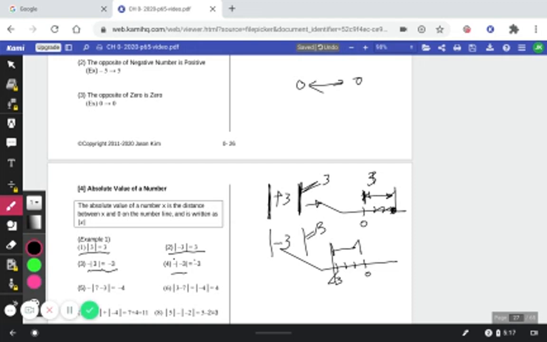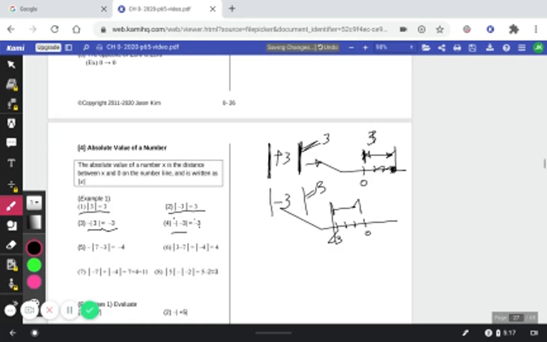So you have negative with the positive 3, which is negative 3. Now, like number 5, the negative of the absolute value of 7 minus 3: you do 7 minus 3 first, which is 4, and then the answer becomes negative 4.